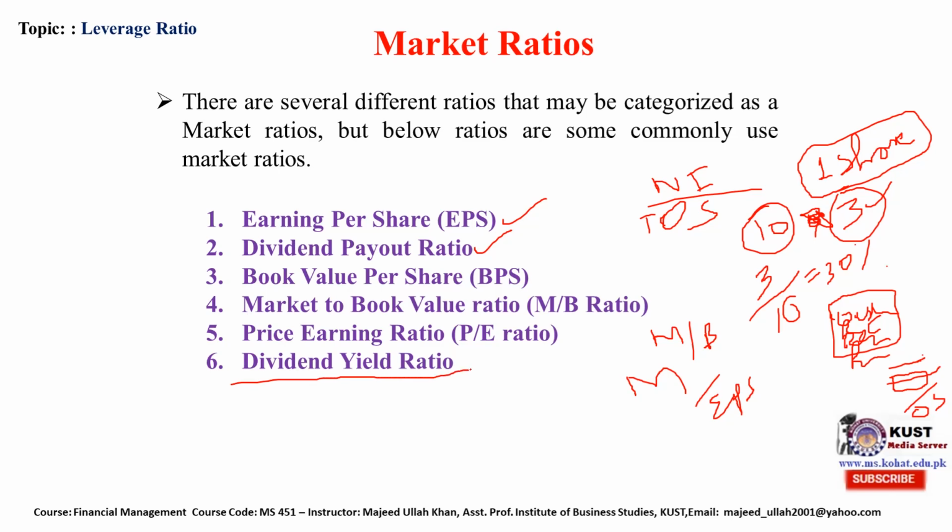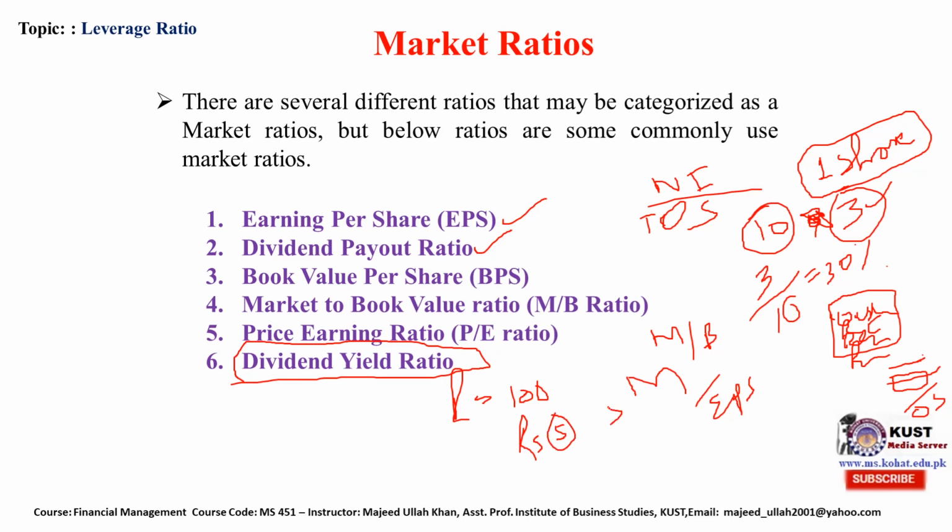Dividend yield ratio. Let's suppose you invest 100 rupees in any company and it gives you 5 rupees dividend per share, and you hold the shares for 1 year and receive 5 rupees dividend.